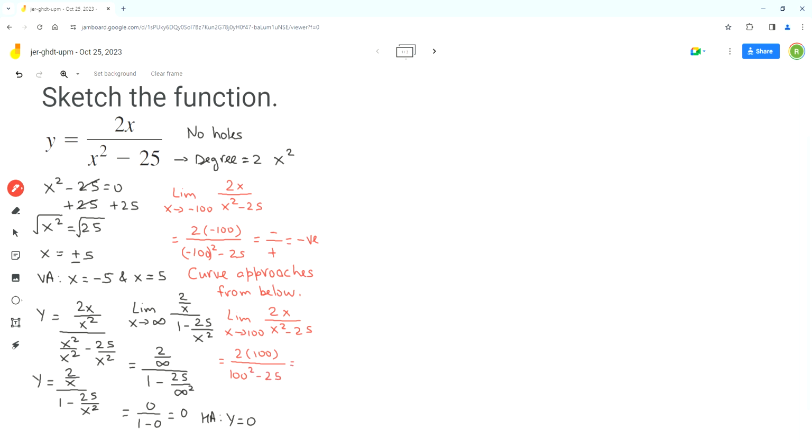We get a positive value in the numerator and a positive value in the denominator, so the overall value will be positive. That means the curve will approach the horizontal asymptote from above, because any positive value will be greater than the zero at which the horizontal asymptote exists. So we can conclude that the curve approaches from above.